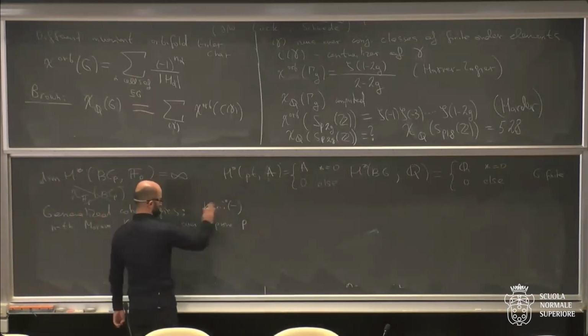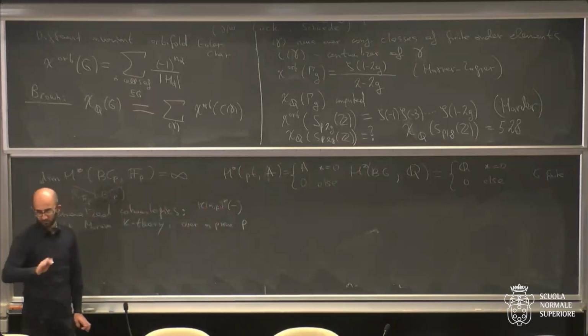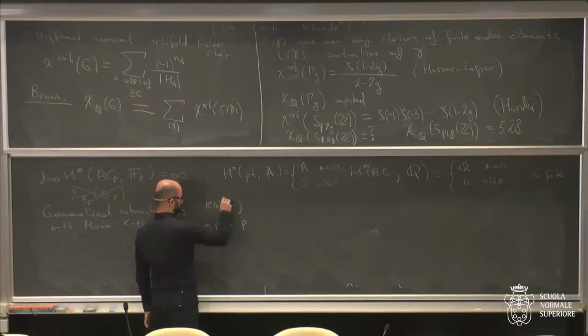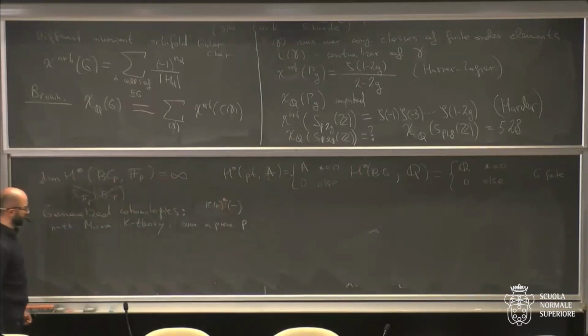In fact, the notation should be K(n,p) upper star, because it always exists over some prime. But I want to skip that and just fix a prime, and I will always be working over a prime now. So I'm interested in this torsion stuff.